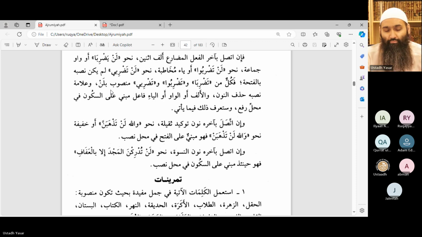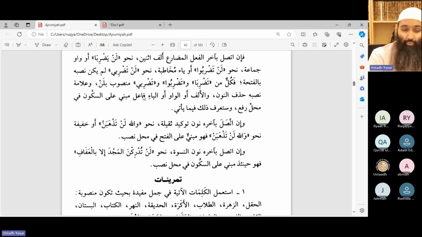So each one of these three is mansubun bilan, of course, because lan, we said, harfu nasbin wa nafyin wa istiqbalin. So lan is harfu nasb. It makes the fi'l mudari mansub. So all these three are mansub bilan. But what is the alamat nasb here? وَعَلَامَةُ نَصْبِهِ حَذْفُ النُّونِ.